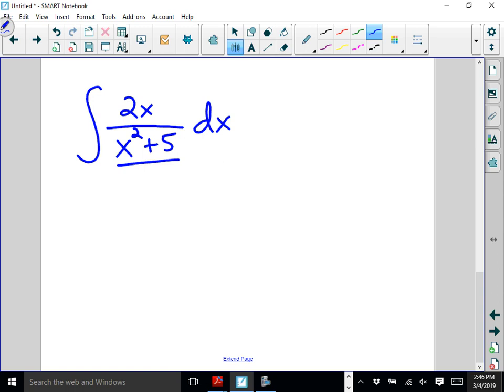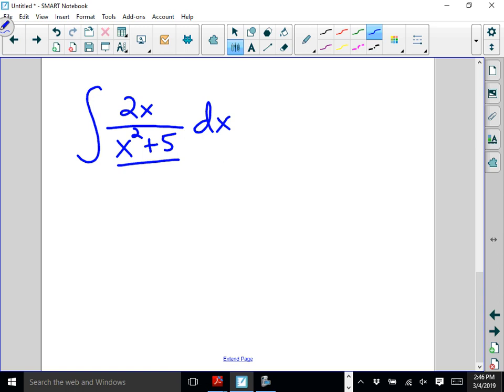But so is, I could also choose x squared, and then my derivative comes out to be 2x. But I want you to choose your u to be as big as possible. In this case, we definitely want u to be x squared plus 5. So then we don't have to worry about the plus 5. If we just let u equal x squared, then we got that plus 5 hanging around, which makes this thing a little bit more annoying.